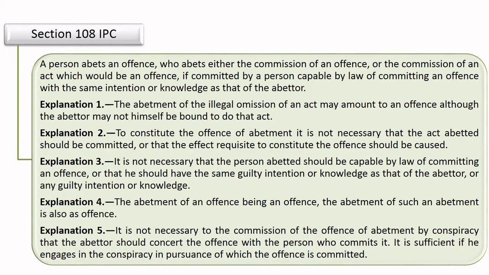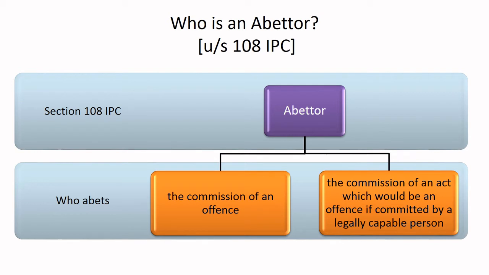Section 108 first defines an abettor to an offence, and it proceeds to expand the concept of abettor by virtue of the 5 explanations provided therein. According to the provision, the term abettor is defined as a person who abets the commission of an offence or who abets the commission of an act which would be an offence if committed by a legally capable person.